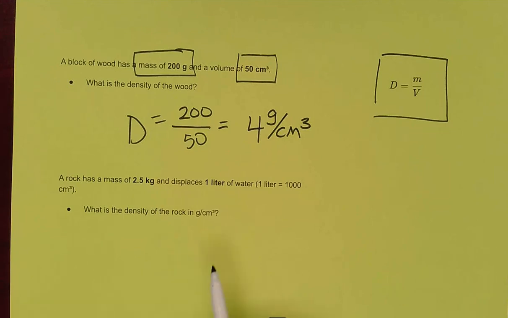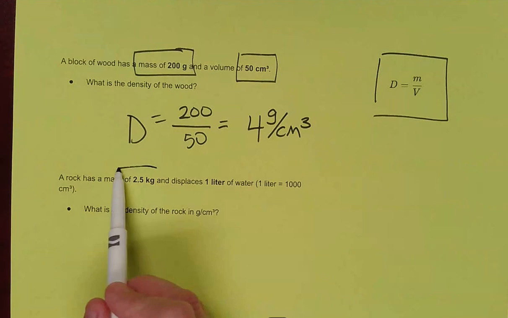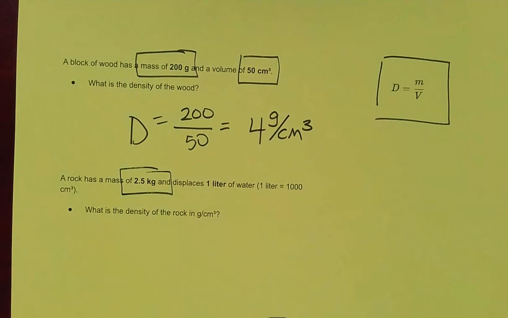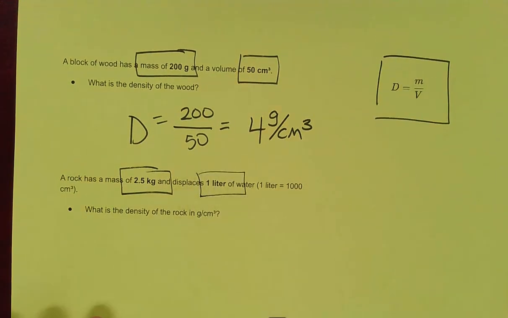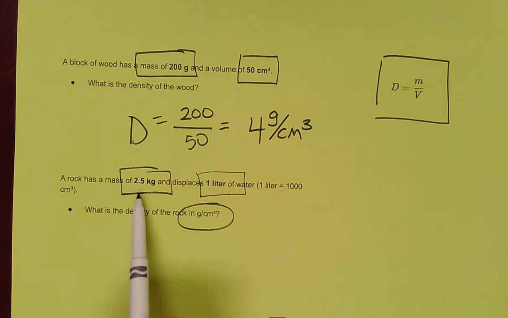If I look at this bottom one, a rock has a mass of 2.5 kilograms, and I have 1 liter of water. This one is trickier because when I look at my question, they want the density in grams per cubic centimeter. So you have to know a little bit about the metric system. 2.5 kilograms.